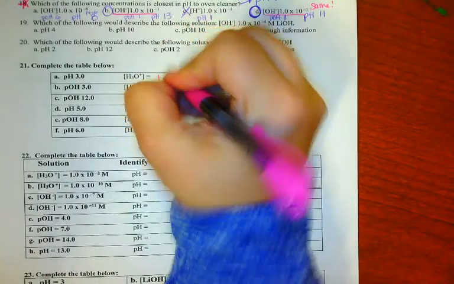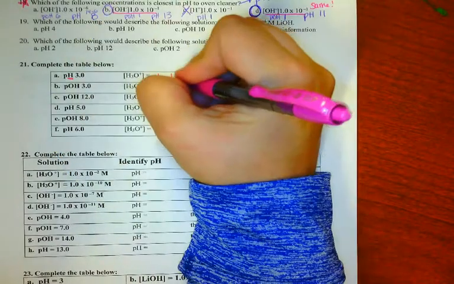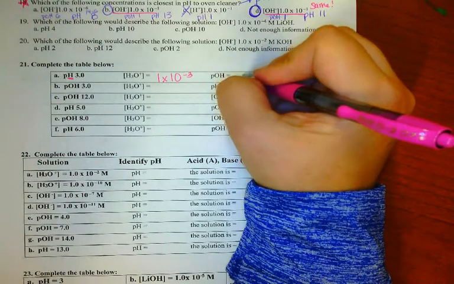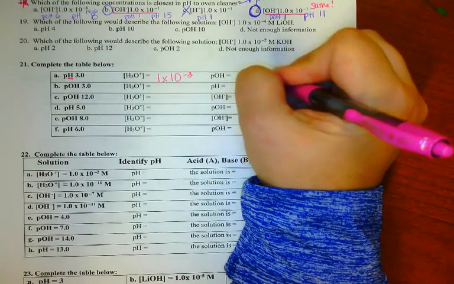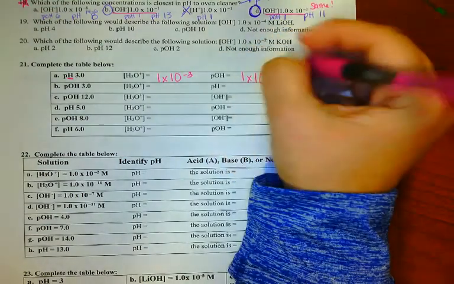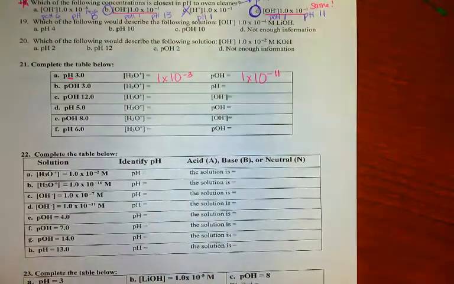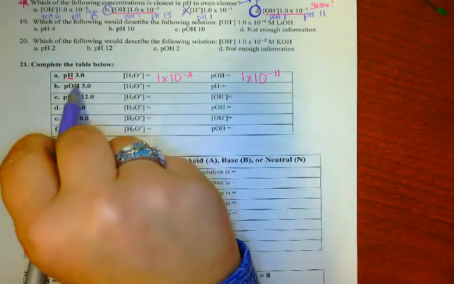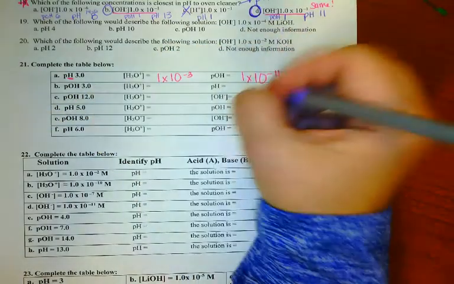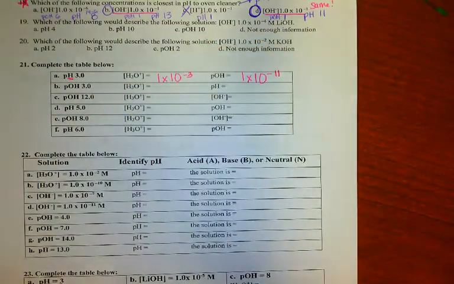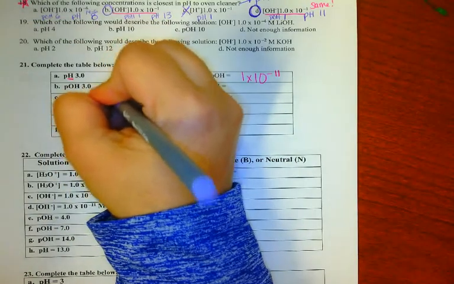For the table here, they just want you to write, if it's a hydrogen concentration, it's 1 times 10 to the negative 3. And for the hydroxide, it would be 1 times 10 to the negative whatever adds to 3 to make 14, which is 11. And again, pOH is 3, so that means that the pH is 11.